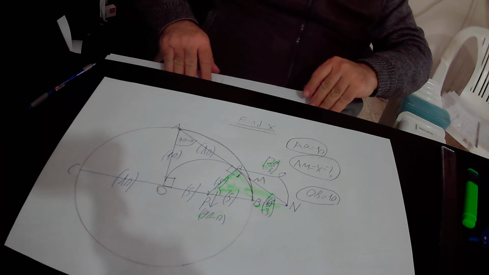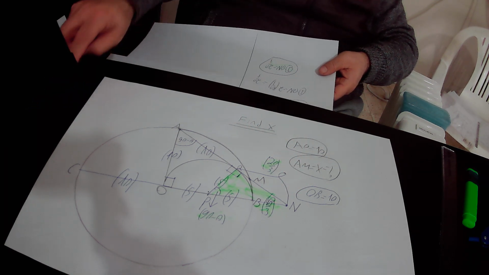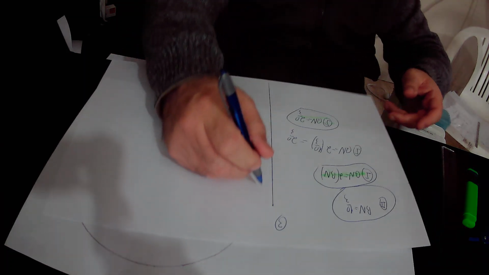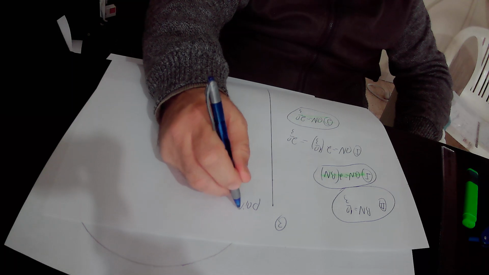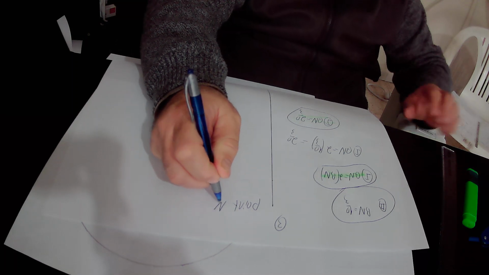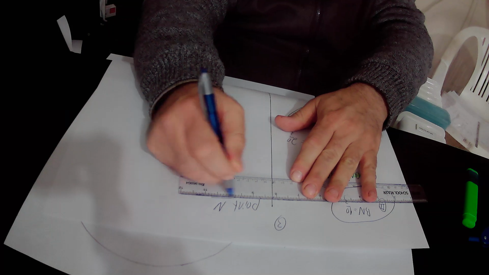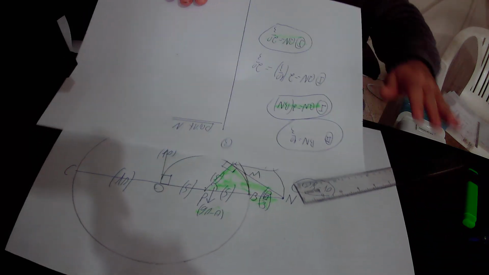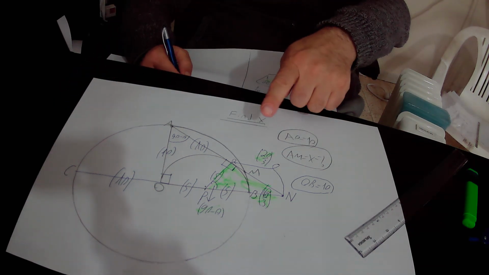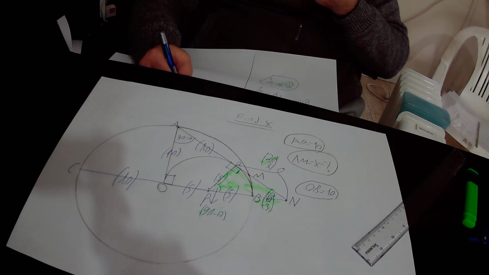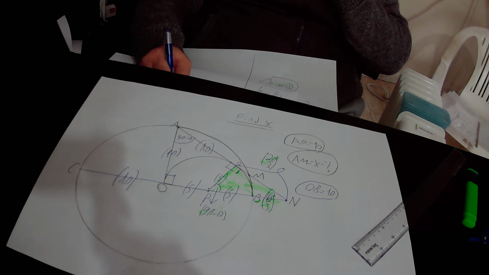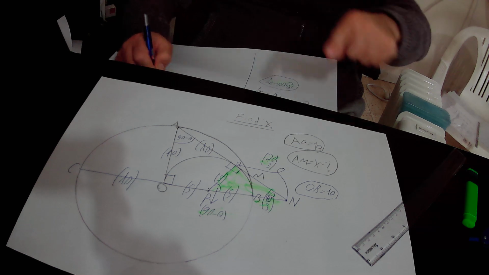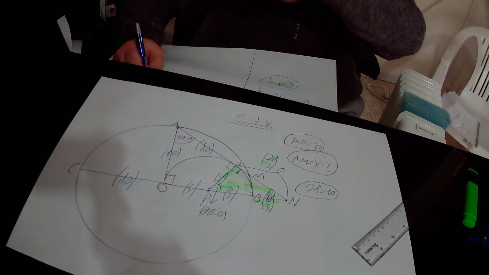So I write it down. We focus on the common external point N. According to rule number 14, we get that NB times NC equals NM times NA.